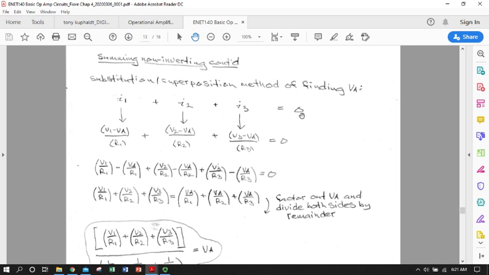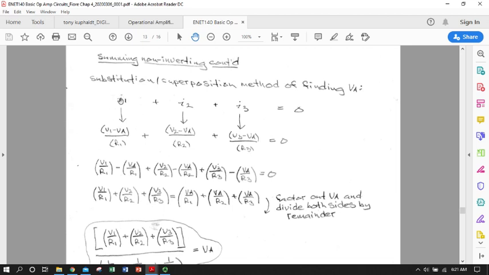Okay, so back to a better method for doing a smaller number of these. Again, we're still just trying to get the voltage at that point A. It's the result of all of our inputs. So if we just do some direct substitution into our Kirchhoff's current law expression, so we do our I1 plus I2 plus I3, we can write any one of those currents in terms of the voltages.